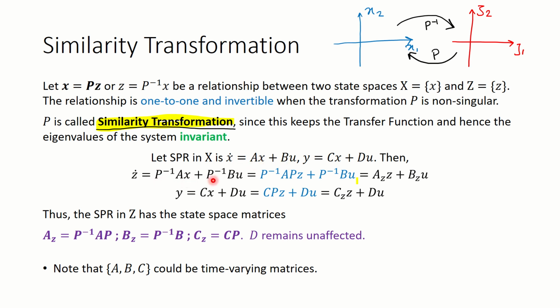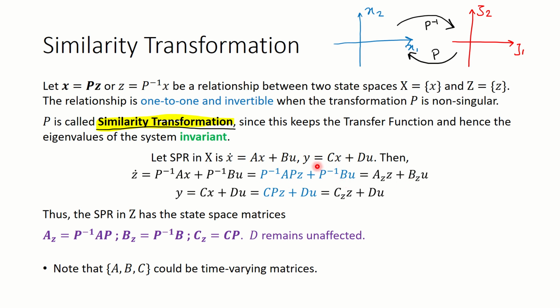So P inverse Ax plus P inverse Bu. Now we replace x with Pz, so it becomes P inverse A P z plus P inverse Bu. Now it takes the form z dot equals Az z plus Bz u, where Az is P inverse A P, and Bz is P inverse B.